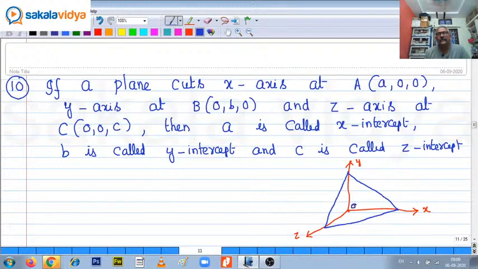Say this is A, this is B, this is C. A comma 0 comma 0, this is 0 comma B comma 0, and the C point will be 0 comma 0 comma C. This OA is the x-intercept, OB the y-intercept, OC the z-intercept.